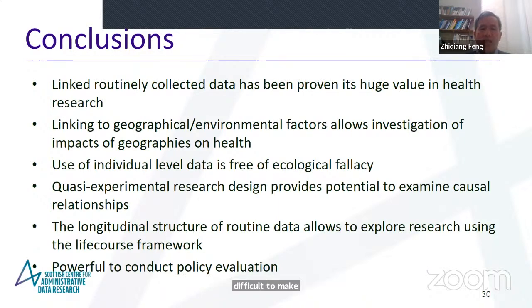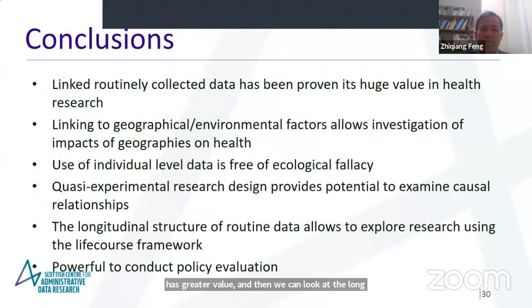The longitudinal structure I mentioned also has great value, and we can look at the long-term trend and also long-term impact. And we can use the data to do some policy evaluation.